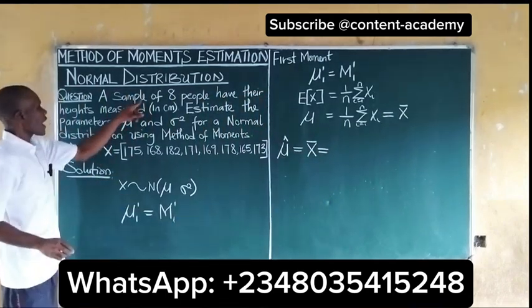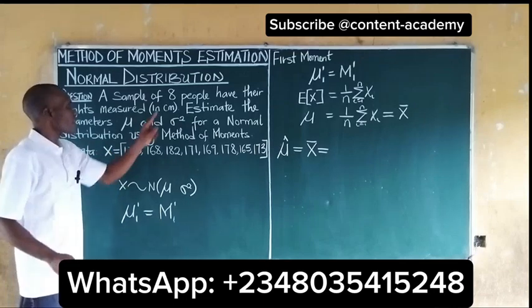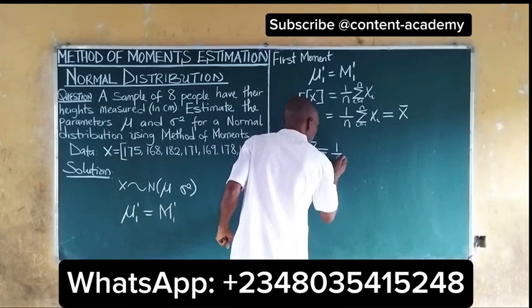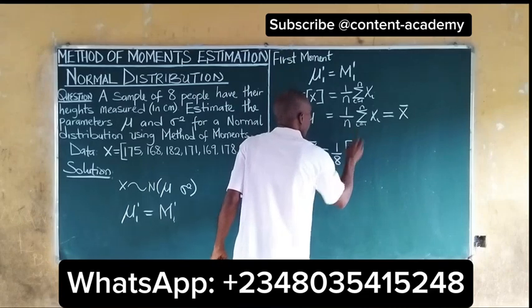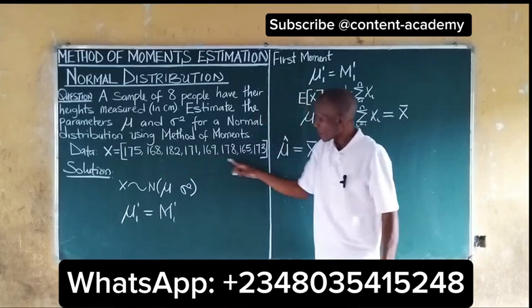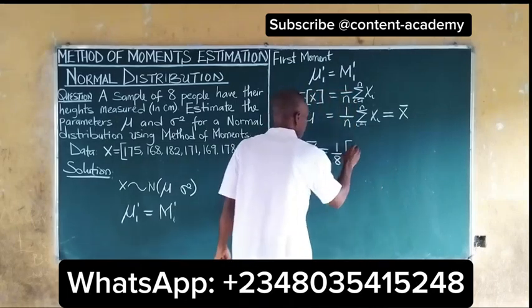We have a sample of 8 people, meaning our n is 8, which is the sample size. So 1 over 8 into, because of our summation sign, we have to add all this data.